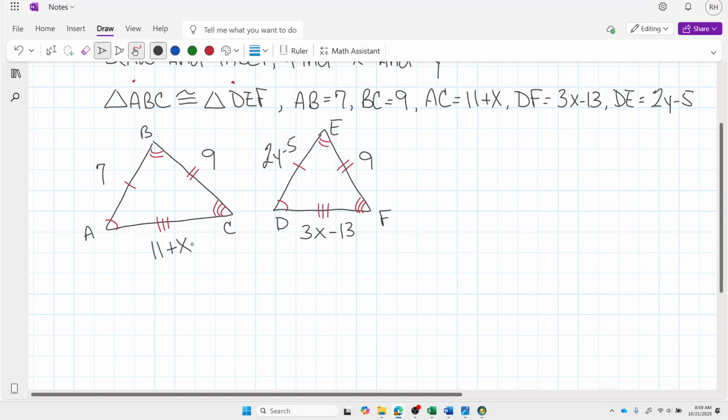So we can solve for X first, because what's 11 plus X going to be equal to? 3X minus 13, because those two sides are equal to each other. So the expressions related to each side are equal to each other. So subtract X from each side.